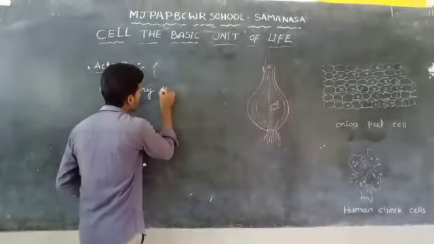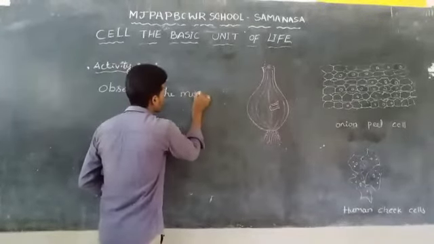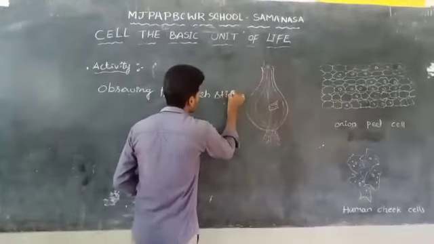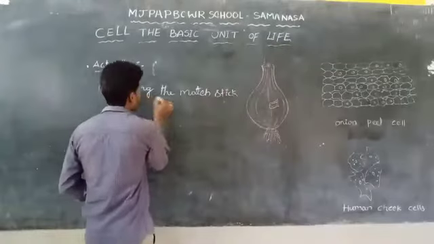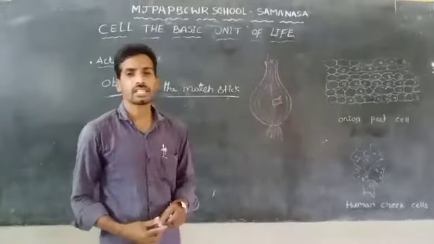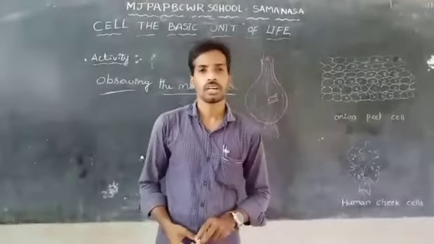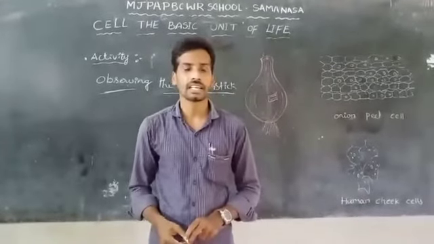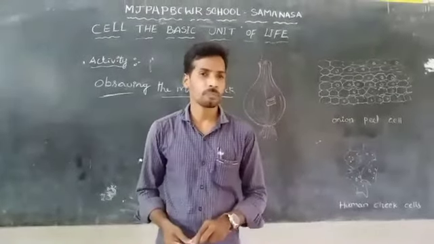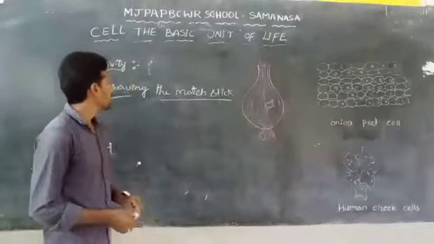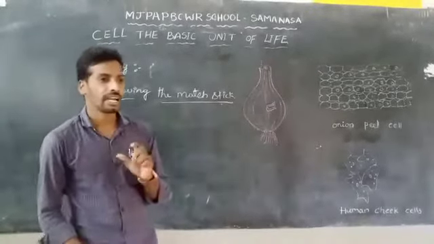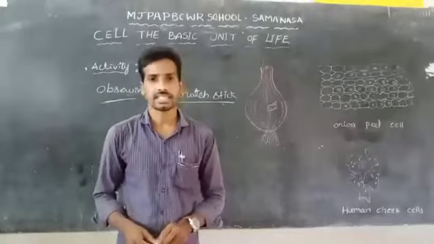It is difficult to observe the cell in cork, so Robert Hooke proposed seeing the cell in a matchstick.